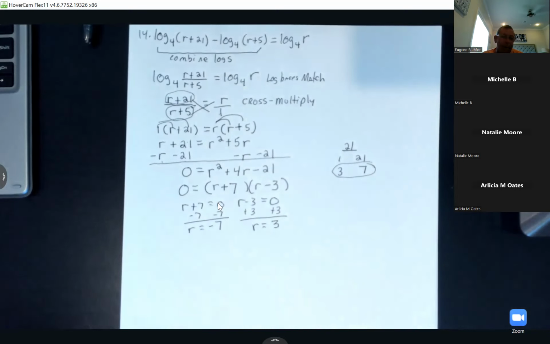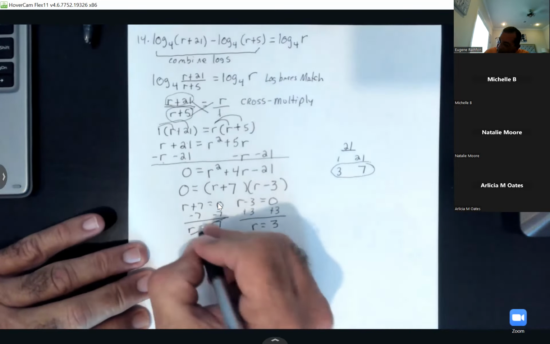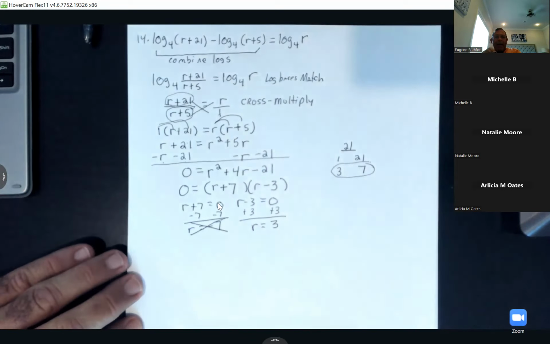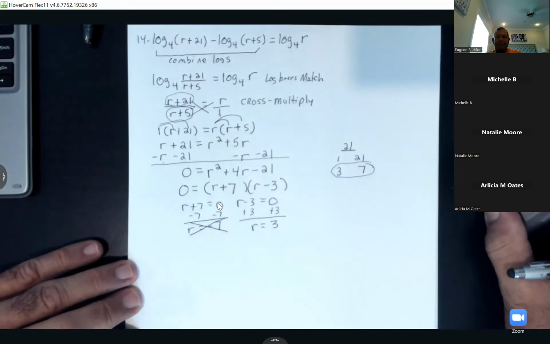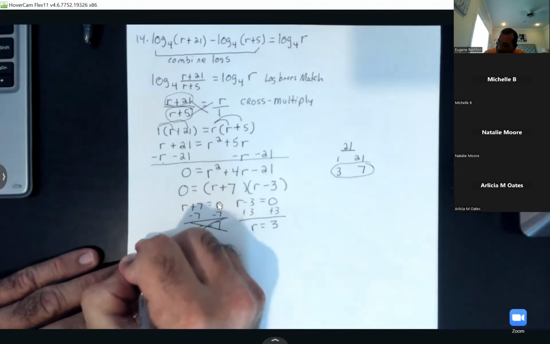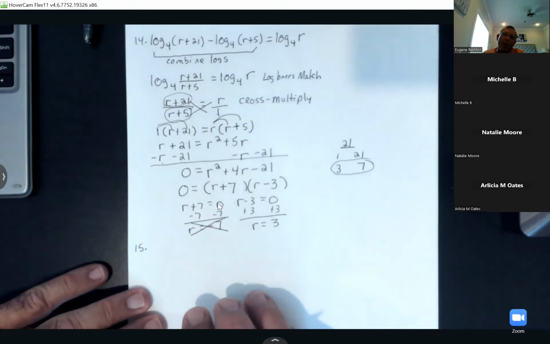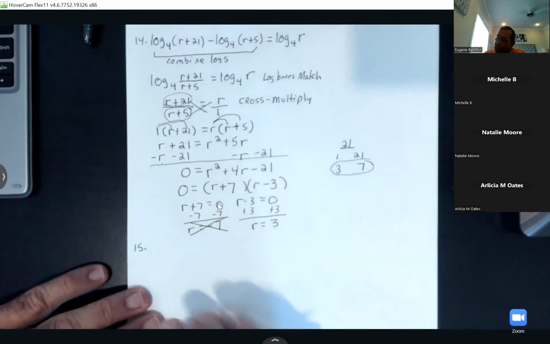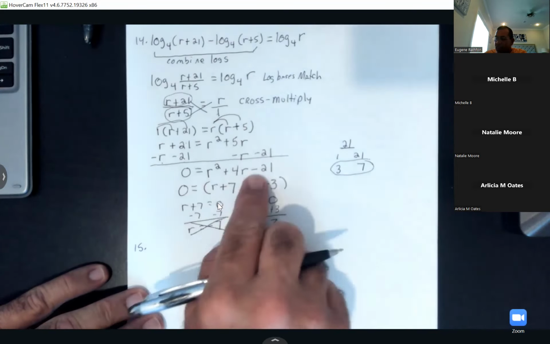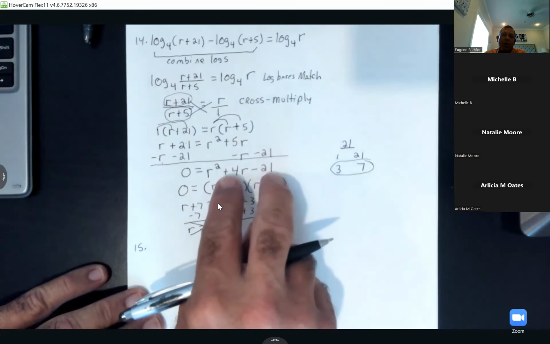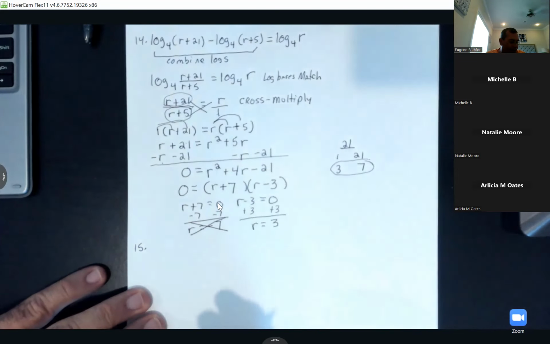So the question of the day, what is your final answer? 3. 3, because we got to cancel out that negative answer, okay? So I'm not going to lie, that log one's not too bad, but when you get to the solving part, most of them are going to have to be factored, okay?